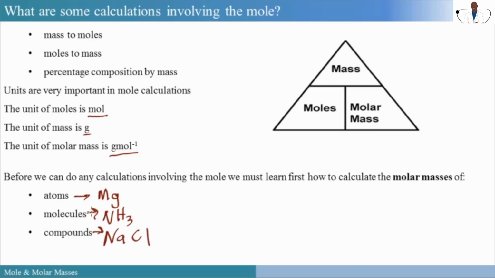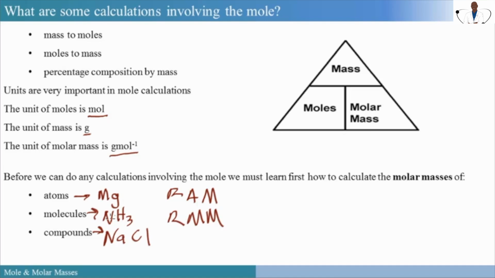The relative molecular mass is the mass of a molecule compared to the mass of 12 grams of carbon-12. And the relative formula mass is the mass of an ionic compound compared to the mass of 12 grams of carbon-12 isotope.